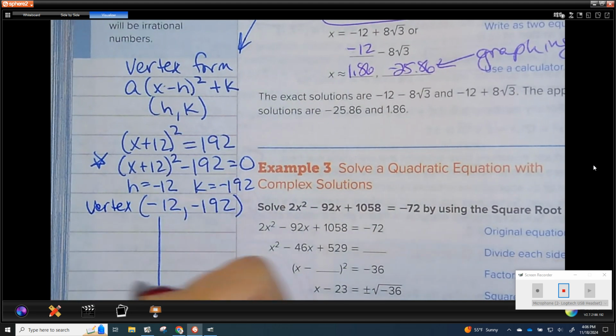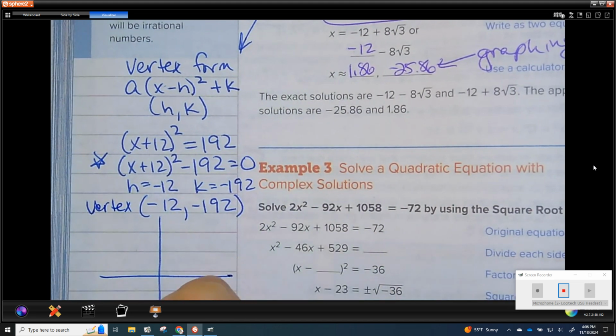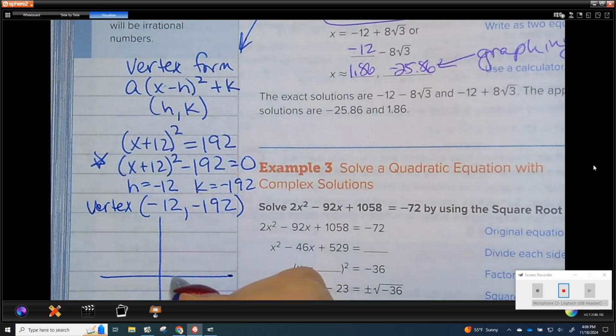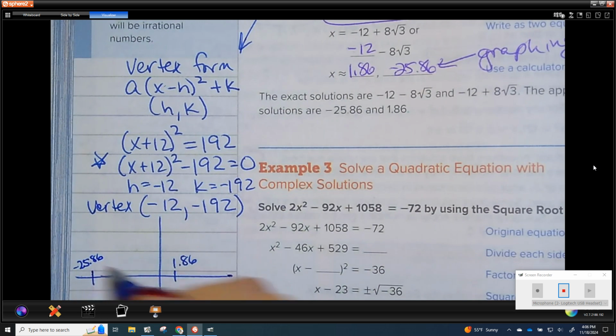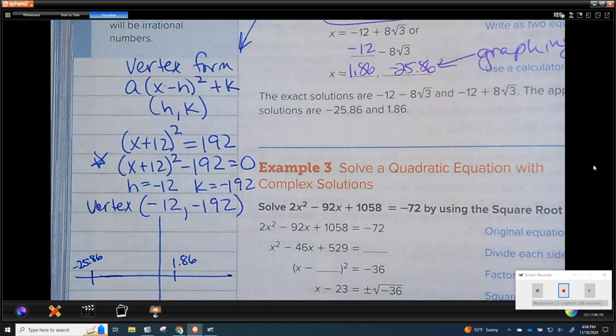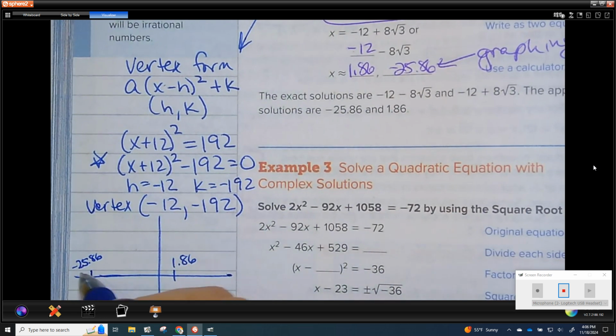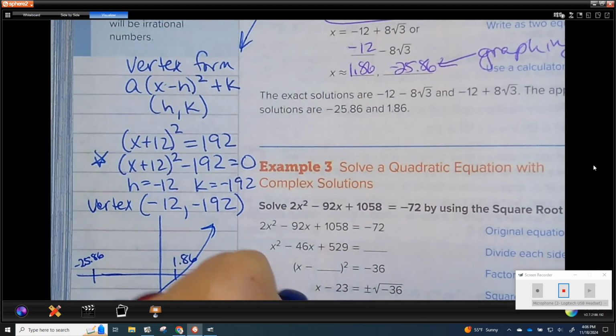Like I said, negative 12, negative 192, I'm going to make up that this is it. Our zeros are 1.86 and negative 25.86. Oops, it's not very centered. Maybe I'll do it right there, because half of 25 is about 12. So then you go up and then you go up.